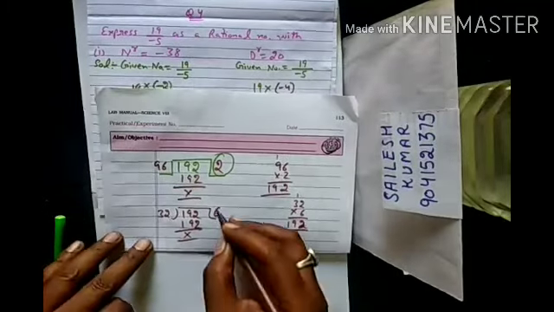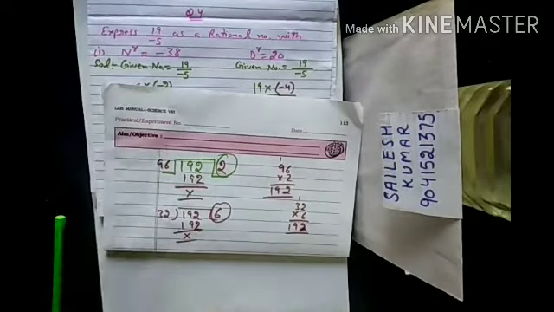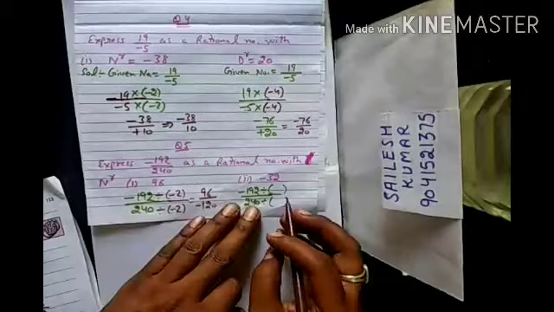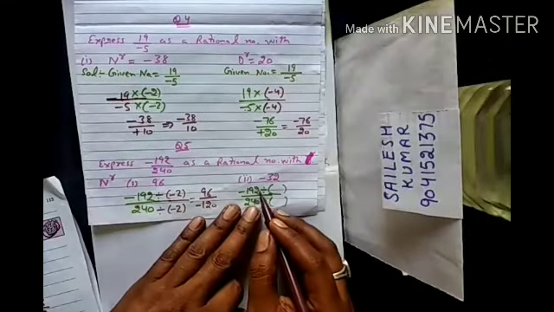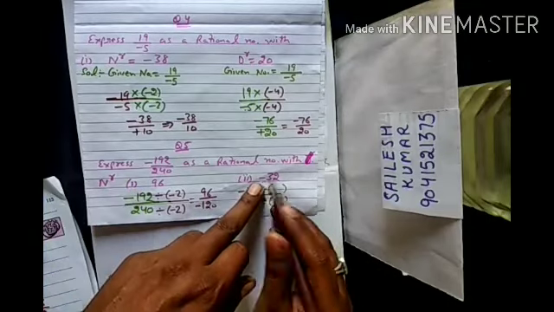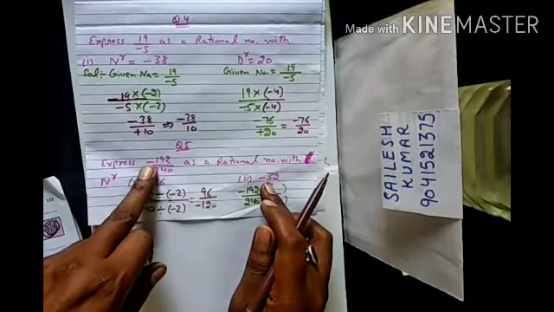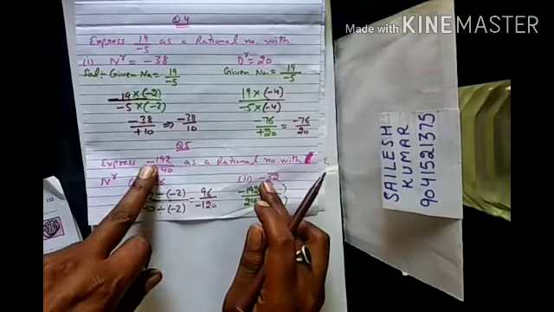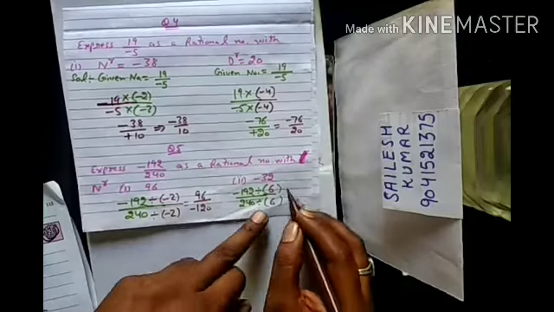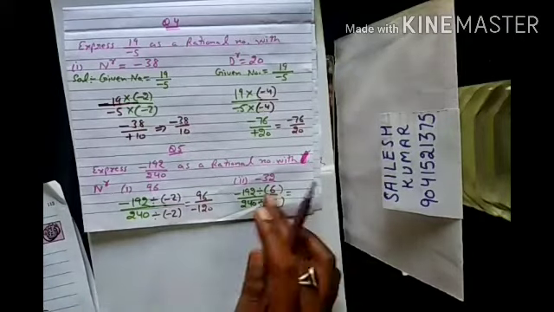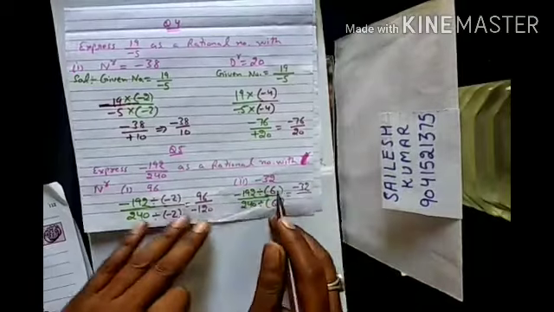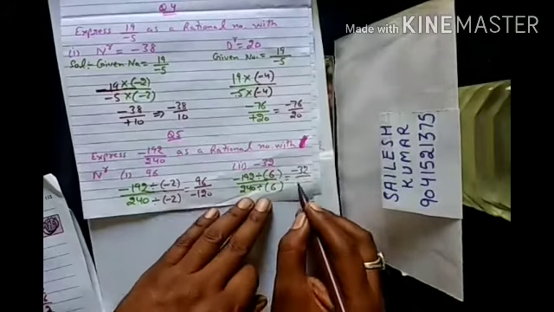So the required number by which I have to divide is 6. But I have not to change the symbol of the numerator. This is negative and the answer is also negative, so I will divide by +1. Now when I divide 192 by 6, my answer will be -32, and if I divide 240 by 6, then my answer will be 40.